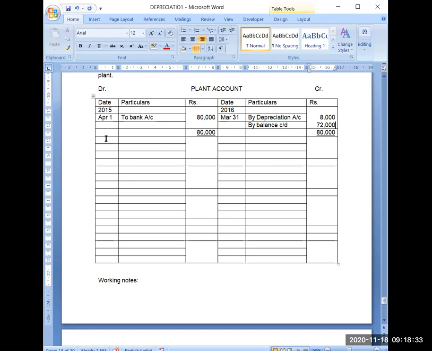Now we will come to the year 2016-17. On April 1, first we will write the opening balance, balance brought down, and the balance is 72,000.